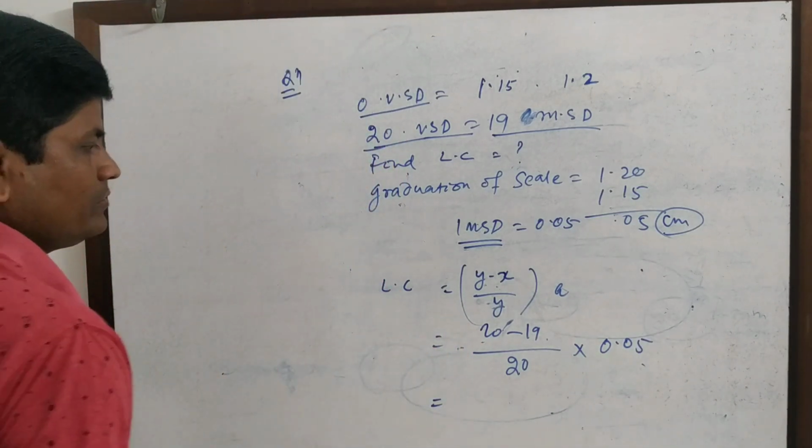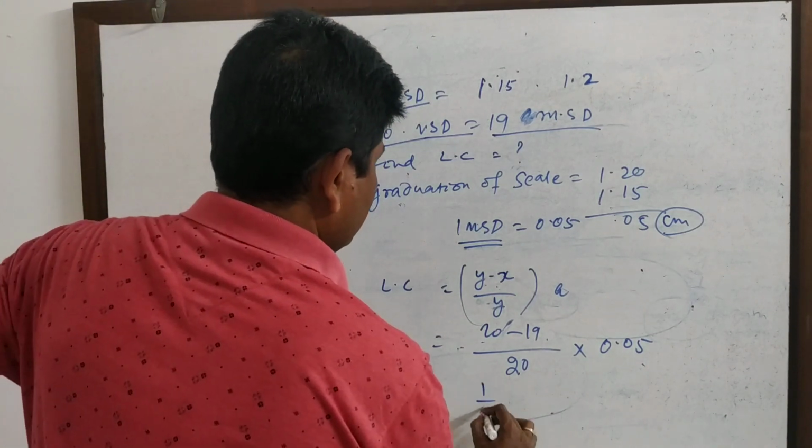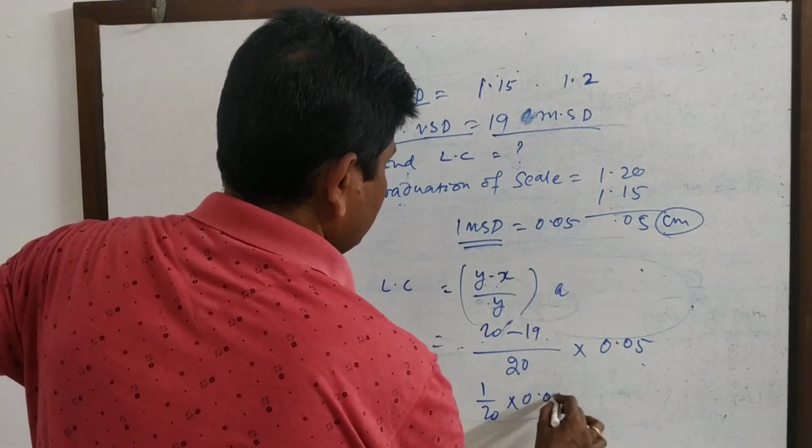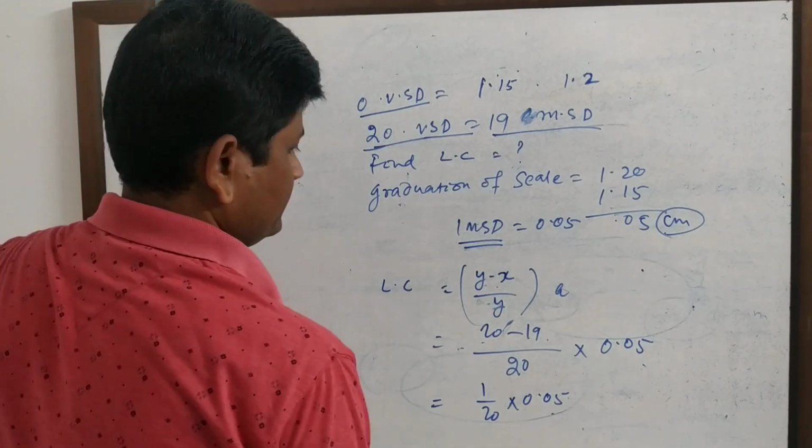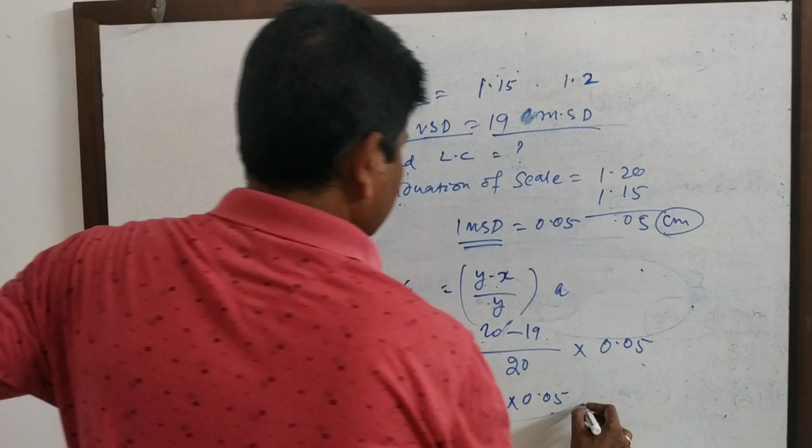So the least count will be 1 upon 20 into 0.05.